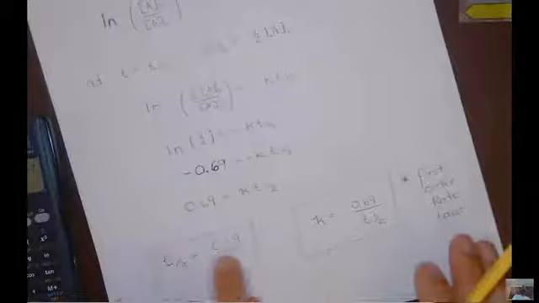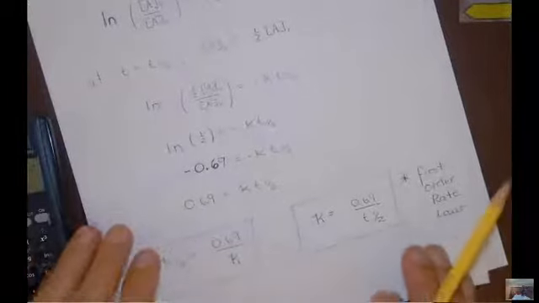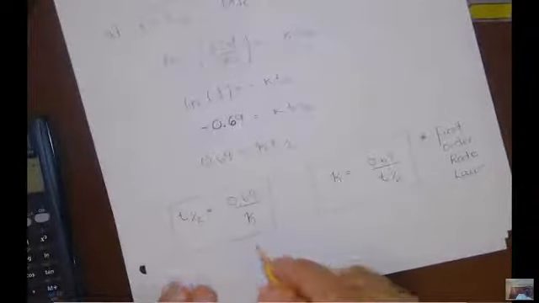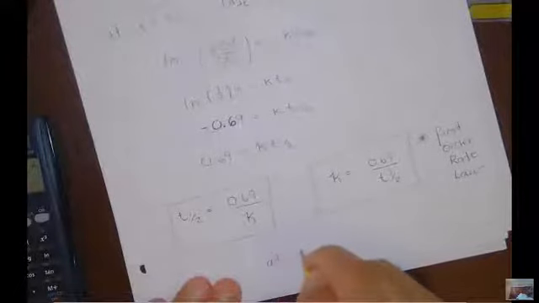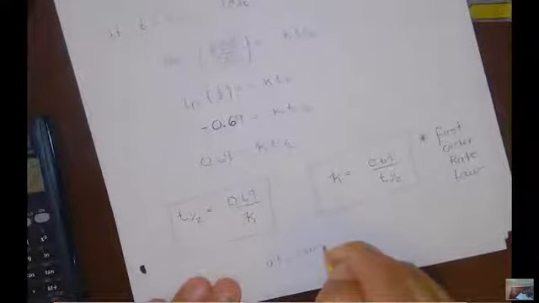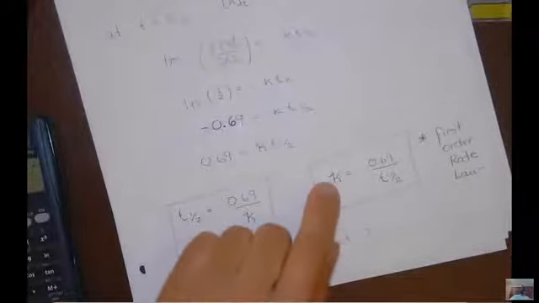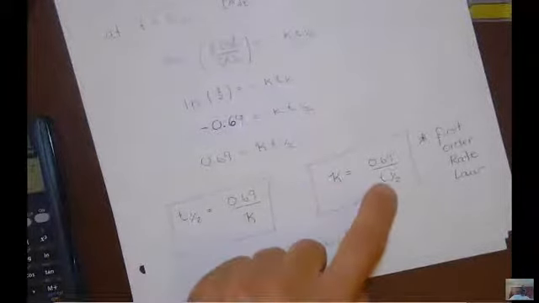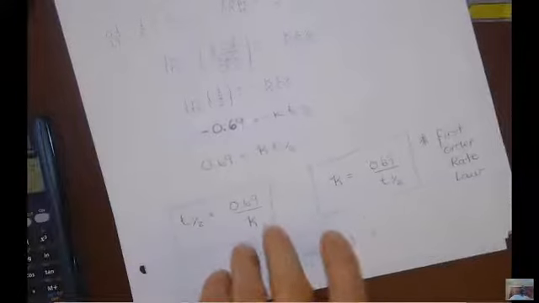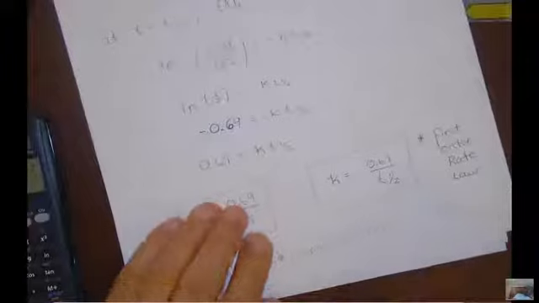It's very dependent on temperature, so we're going to keep the temperature constant. The temperature at which I'm evaluating K has got to be the same temperature at which I'm evaluating T to the 1/2. And you know, temperature with a capital T is temperature.